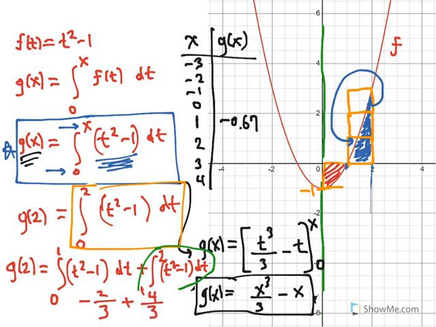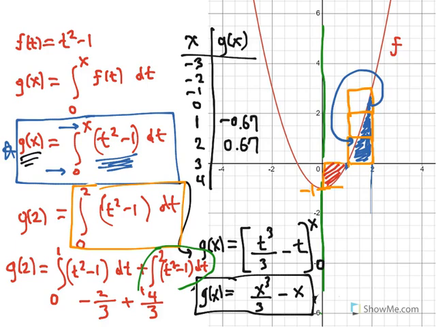And when you add these two fractions, what do you get? You get 2/3. So it's approximately 0.67. Now that was based on just my visual observation of the area between the graph of f and the t-axis.